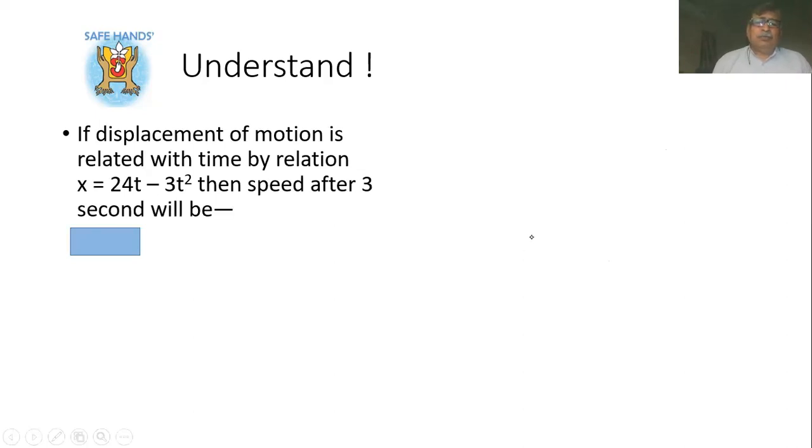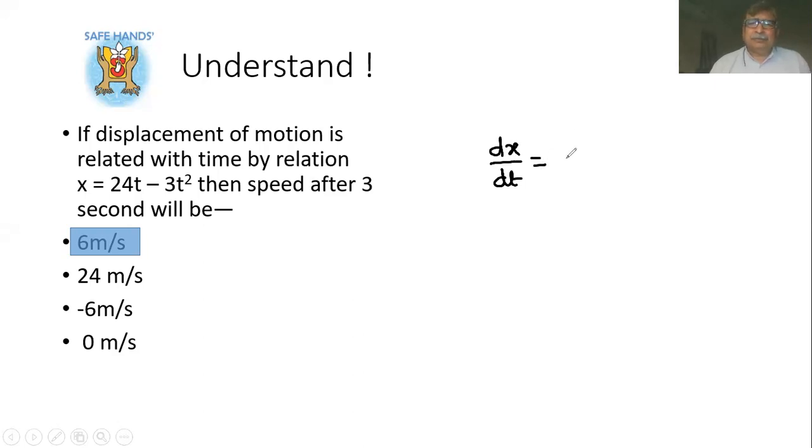Now, the displacement of the motion is related with time by this relation. What will be the speed after 3 seconds? Again, a very simple, straightforward type of problem. I certainly know that speed is dx by dt. After 3 seconds means at the third second.